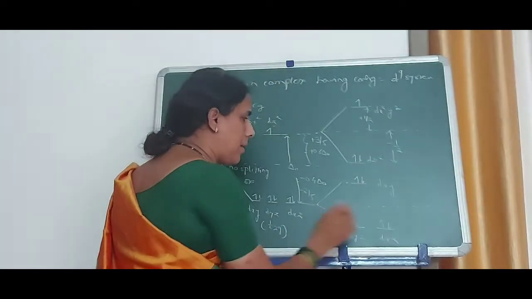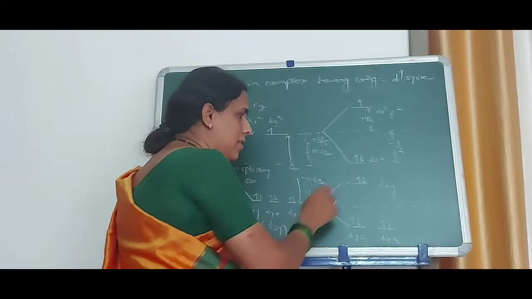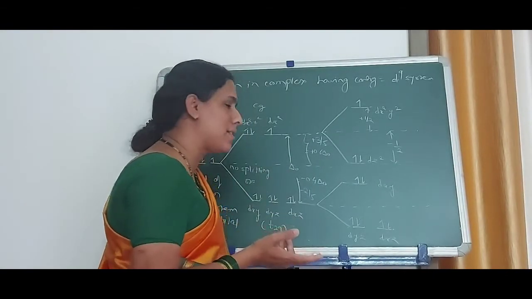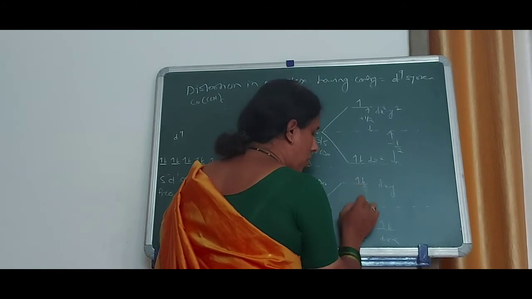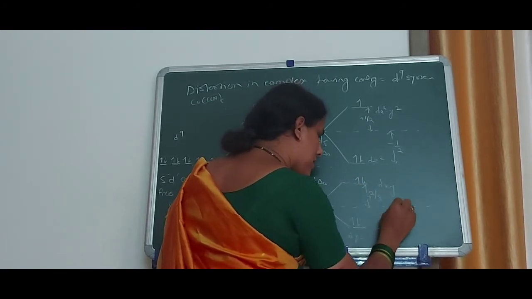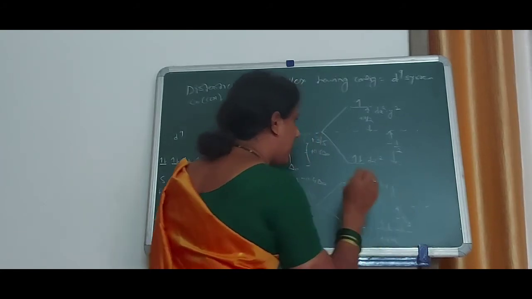Already here how many orbitals? 3 orbitals. How many orbitals absorb extra energy? That is dxy, due to the more repulsion between the electrons of ligands and central metal. Therefore this difference contributes to how many? That is plus 2 by 3, and this difference contributes to how many? That is minus 1 by 3.